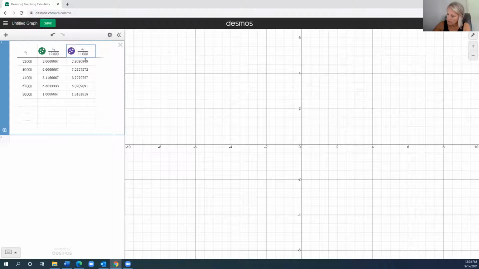So on page 113, we're going to fill in 2.91 for my modified divisor now for District 1, 7.27, 3.73, 6.09, and 1.82.